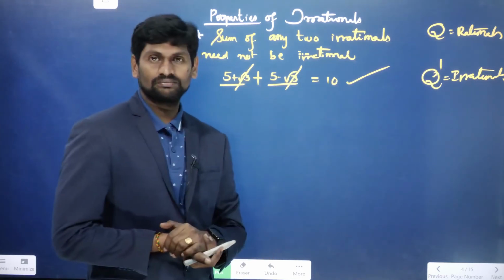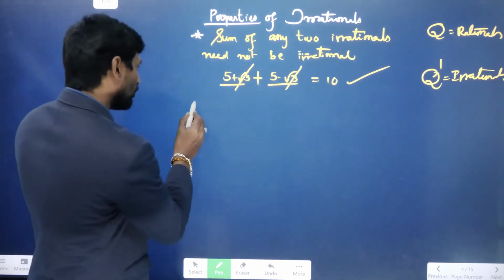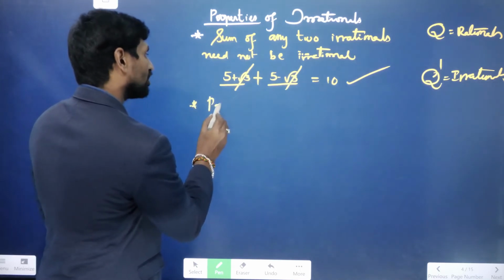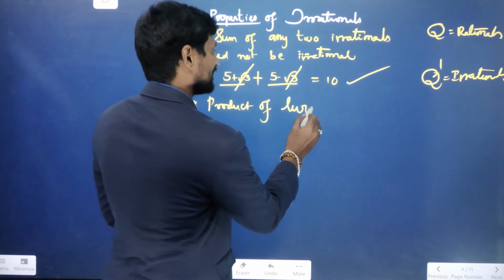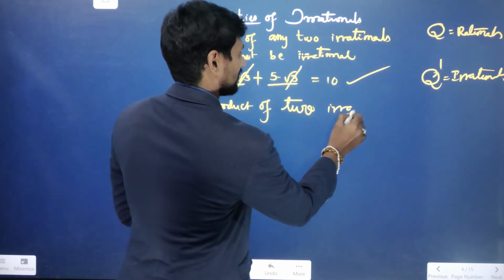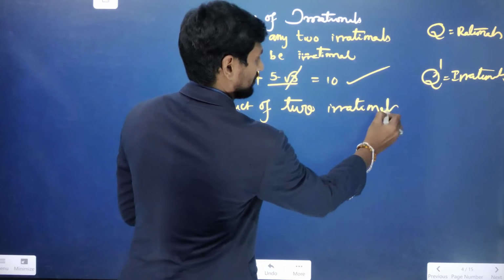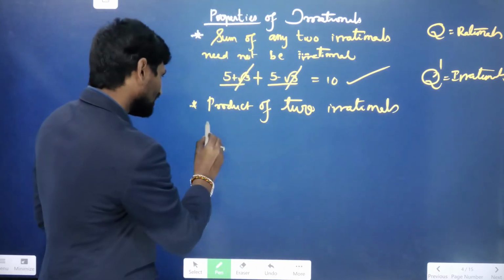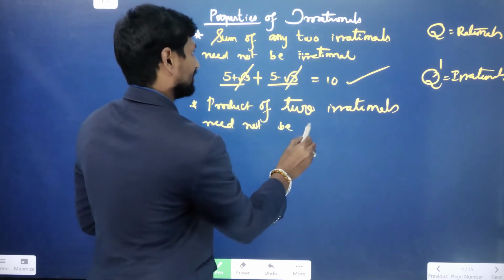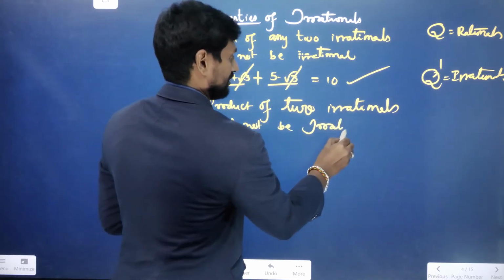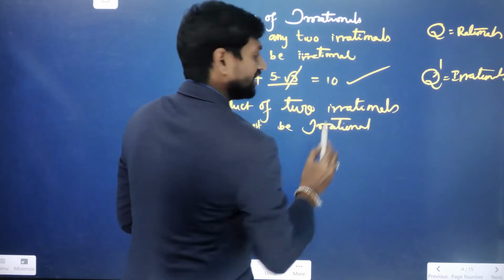Like this example. In the same way, the second one: the product of two irrationals need not be irrational.